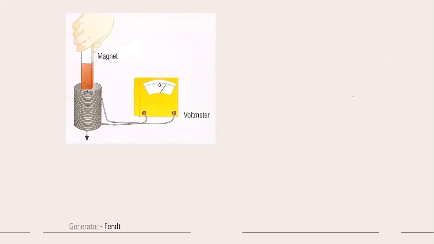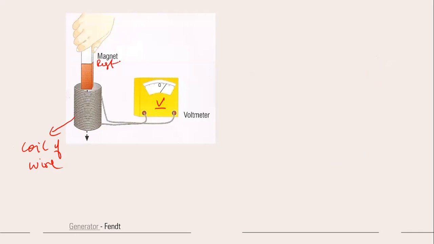So here is another example for this. We have a coil. This is a coil of wire. Both ends are connected to a voltmeter this time. Now a magnet is held at rest over here.